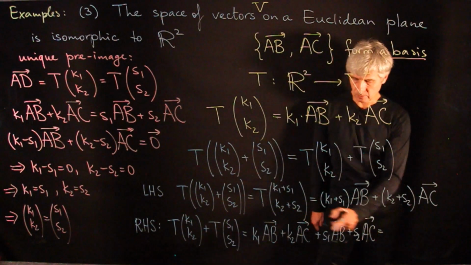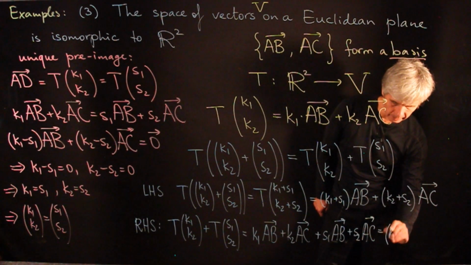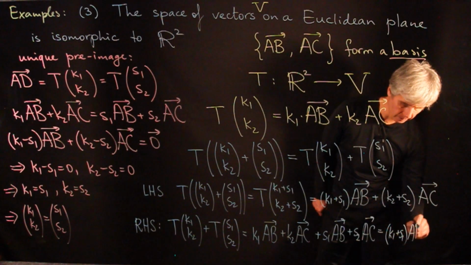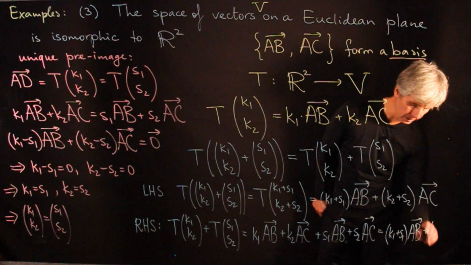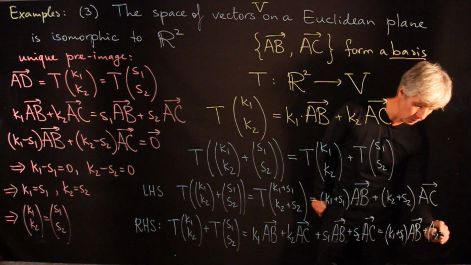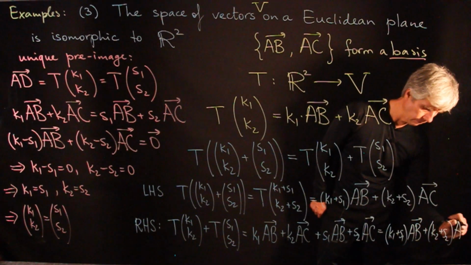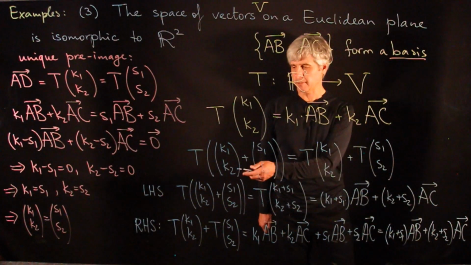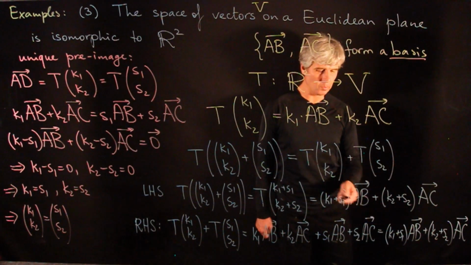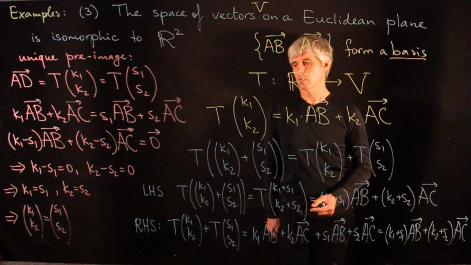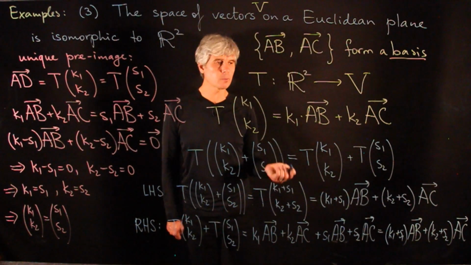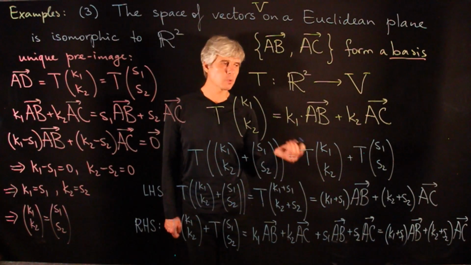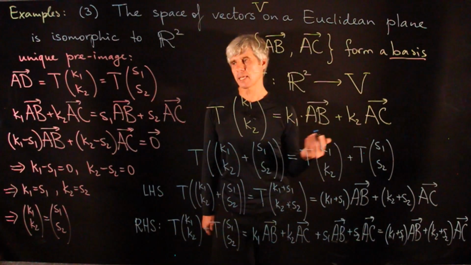So this is equal to (K1 plus S1) AB plus (K2 plus S2) AC. Again, we see that the left-hand side is equal to the right-hand side. So this proves our second property of the isomorphism, and the last property I leave as an exercise.